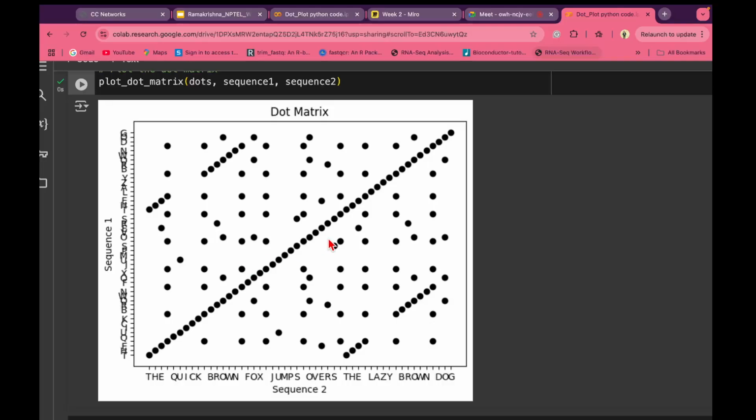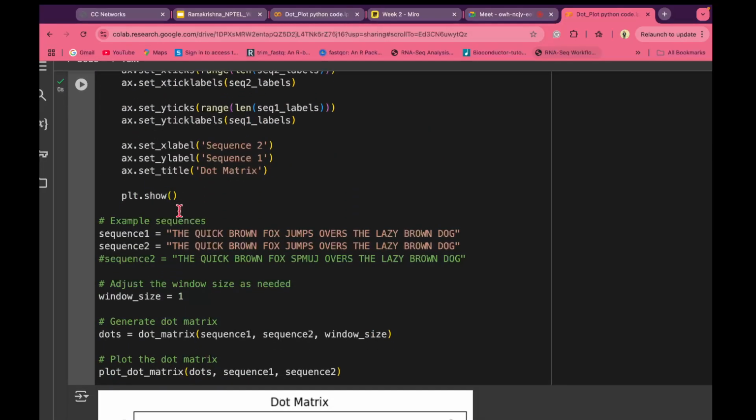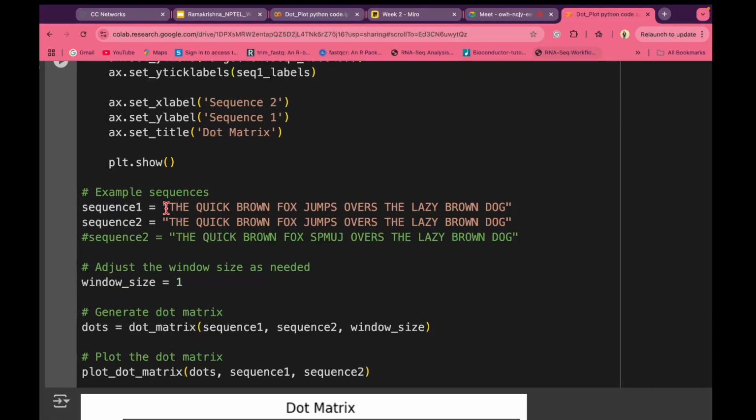No, actually I'm asking about the parallel lines that correspond to "the" and "brown". Yeah, they are copies. Here, the sequence itself has copies of repetitive words, and "brown" is also repeated.